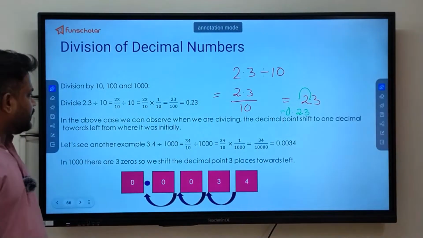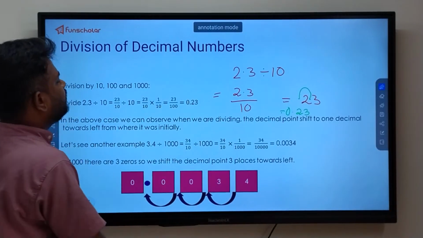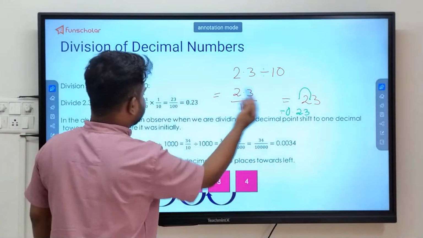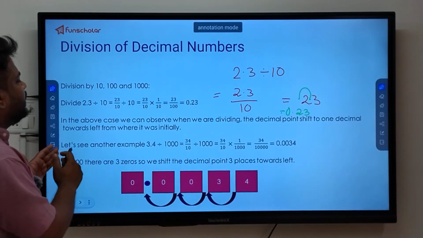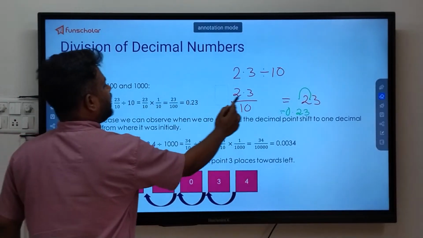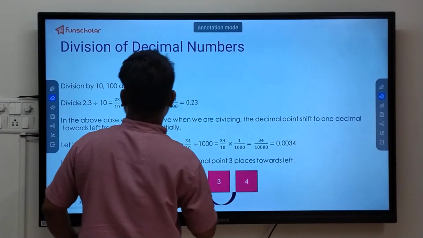Okay, and they have also done the same thing, but you can do it in an easy process like this, or you can use the previous fractional method to find it. Yes, they have done it like this.